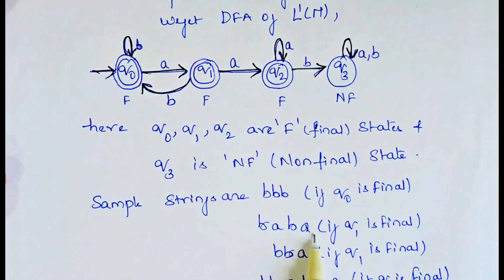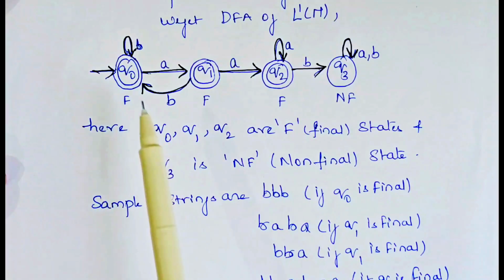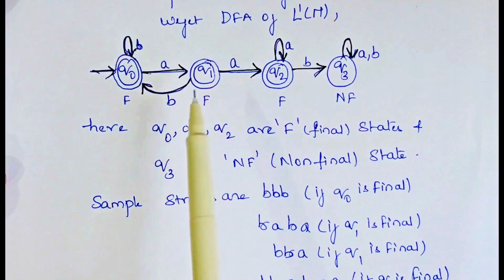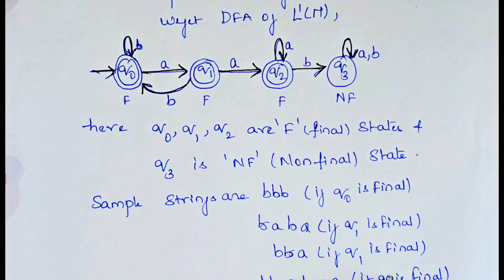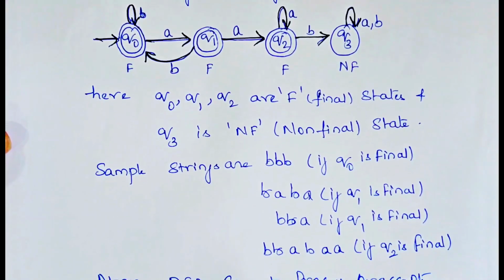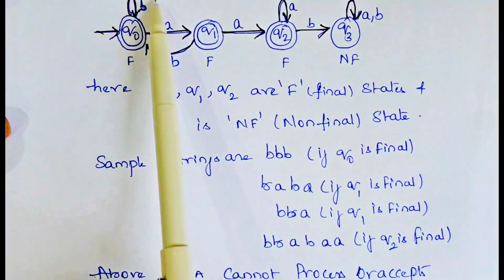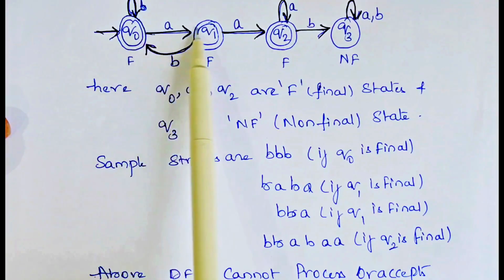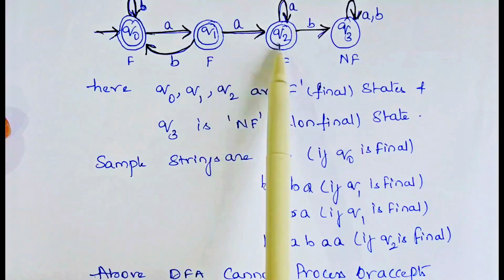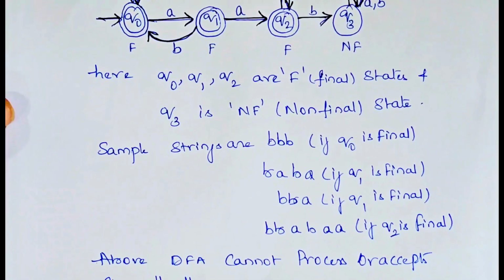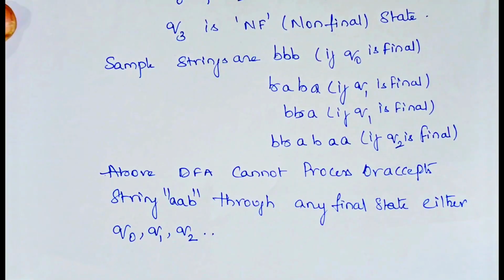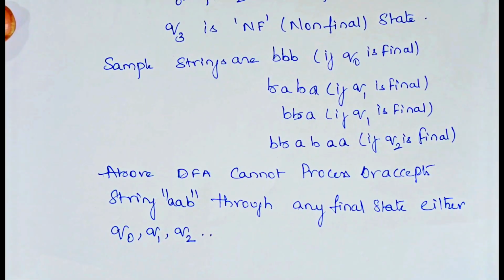And the string BA if Q1 is a final state. Here BA is processed through Q1 as a final state. If Q2 is a final state, the sample string processed can be BBA, BAA with Q2 as a final state. Thus, the above DFA cannot accept the string AAB through any final state, either Q0 or Q1 or Q2.